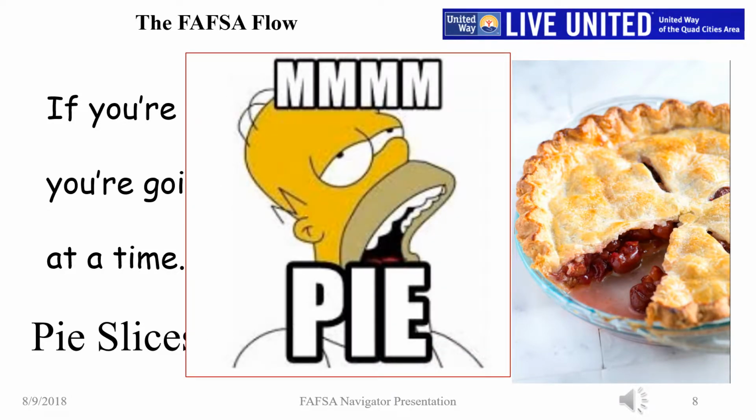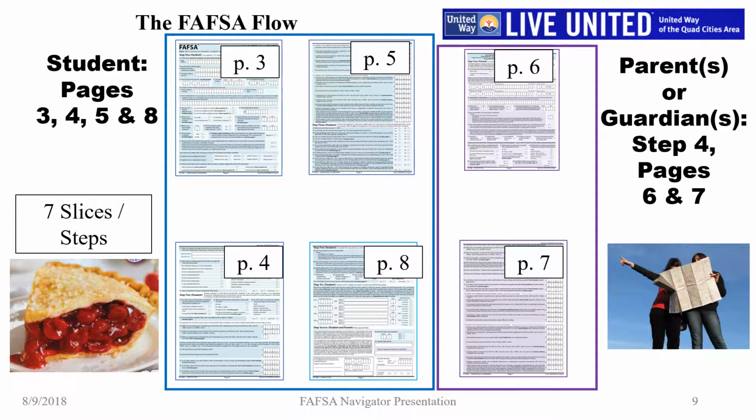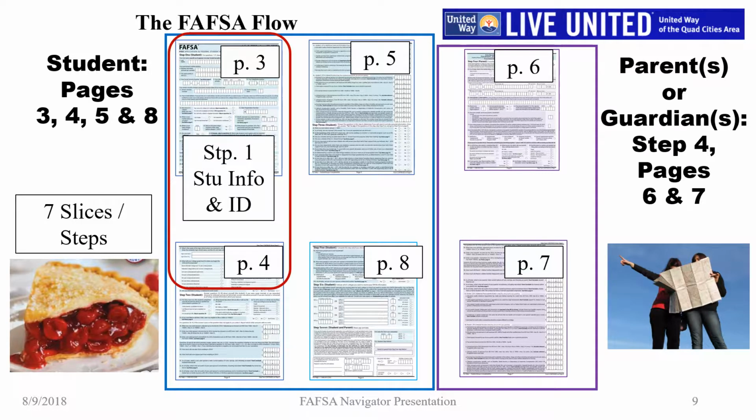Okay, the 7 slices or steps. Step 1 is all of page 3 and the top of page 4. It asks about the student's identifying information, contact information, characteristics, high school, and the focus level of trade school or college. And if the student is interested in work-study programs.